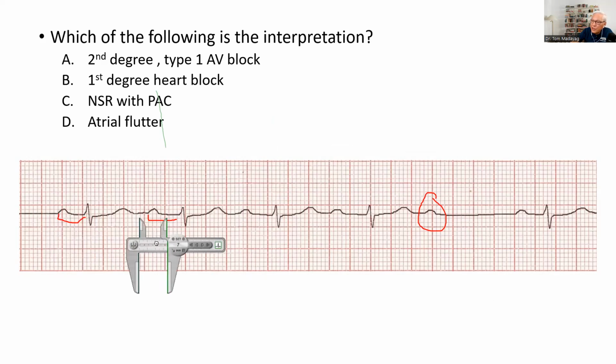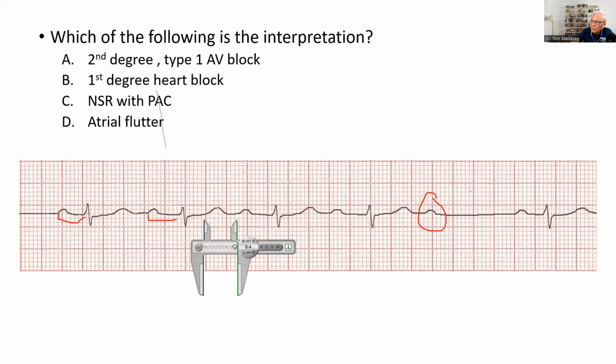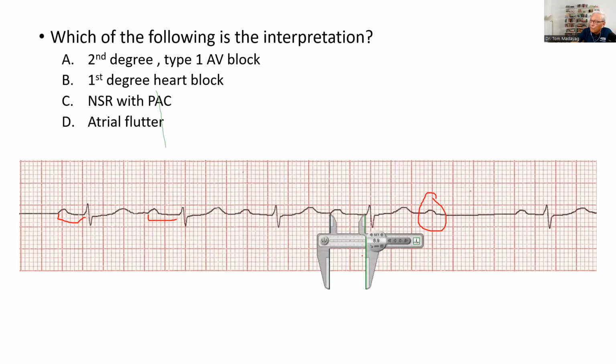Here's the first PR interval. There's the second PR interval. There's the third PR interval. And this is the fourth PR interval. So it's gradually prolonging. This is the characteristic of a second degree AV block type 1.